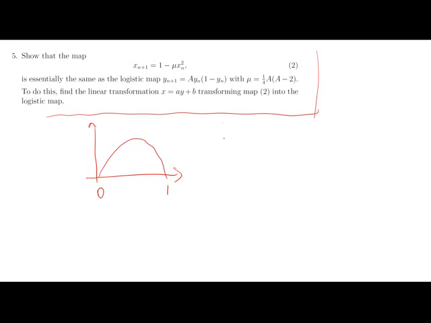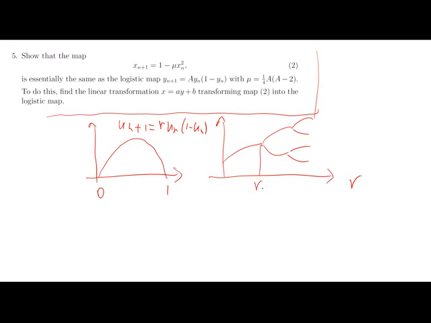And for the logistic map, we have this orbit diagram, x n plus 1 equals r x n (1 minus x n). So we have all of this. And this is, for example, R1, this is R2, and so on.